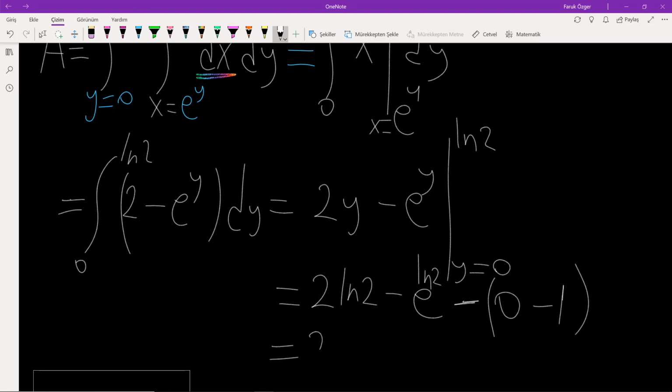Finally you have 2 ln 2 minus e to the power ln 2, which is equal to 2, minus 1 is plus 1. Finally you have 2 ln 2 minus 1. This is done. It's all for the time being.